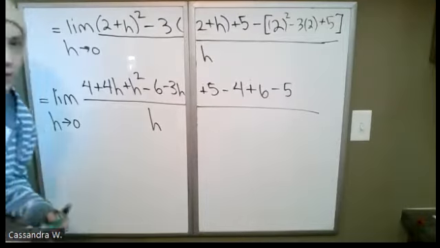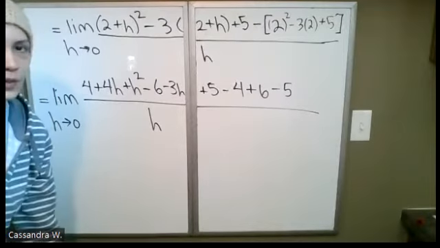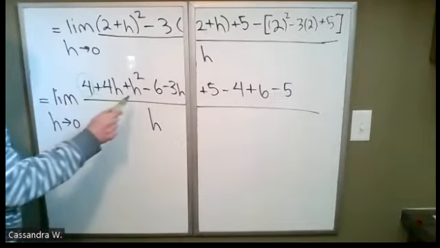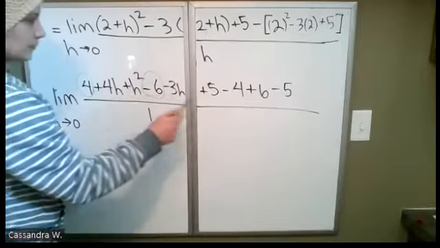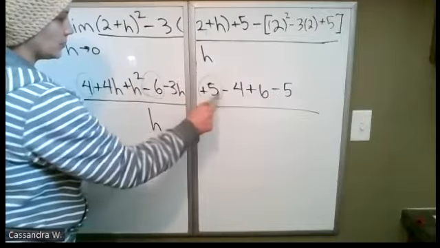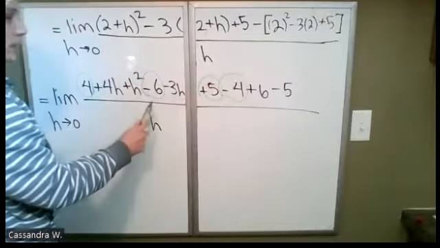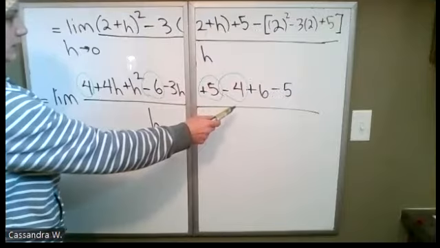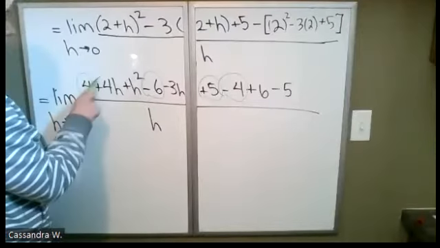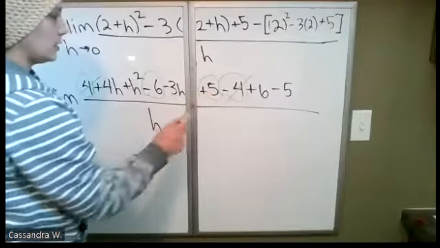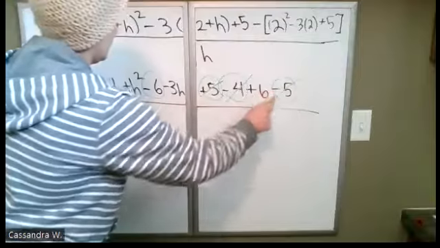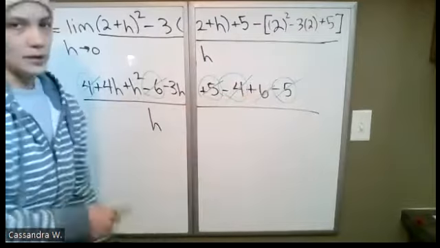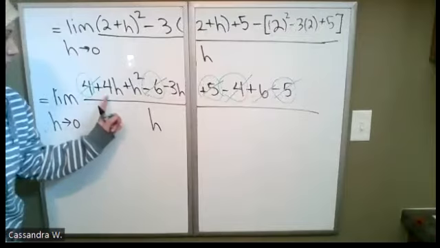Looking at all of those numbers, wait, hang on. There's a plus 4 and a minus 4. There's a plus 5 and a minus 5. And then there's a minus 6 and a plus 6. Okay, cool.